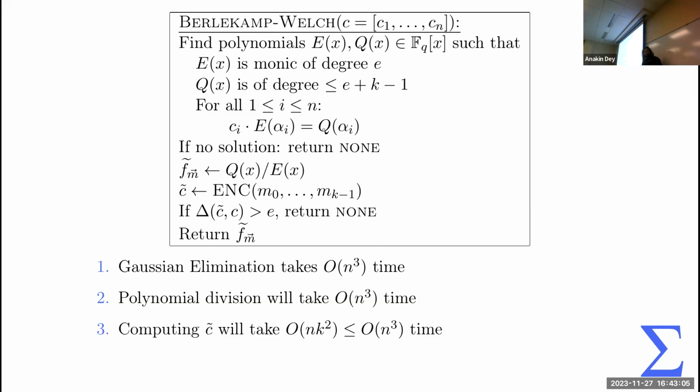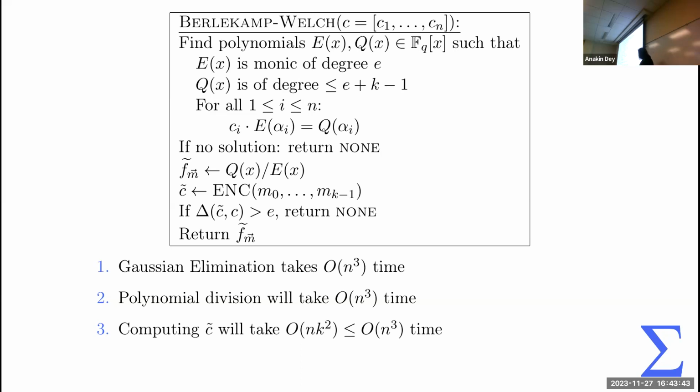Computing C will take O of n K squared time. This polynomial F is of degree K minus 1. For each of the n evaluation points, you need to evaluate the polynomial F at that point, and that takes around K squared time because of all the exponentiation for each term. So it takes O of n K squared time, which is less than or equal to O of n cubed time.